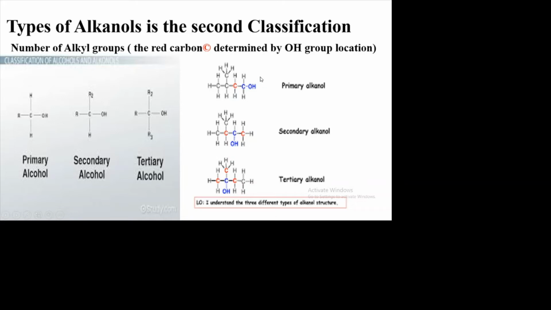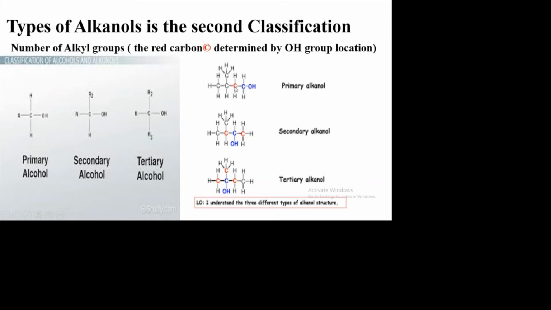Now, looking at the structure that represents primary alcohol or alkanol. Don't count from the carbon which OH is attached to. That one stands as a kind of background of that structure.